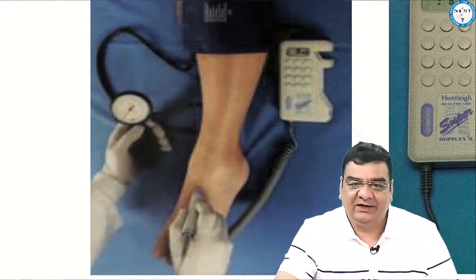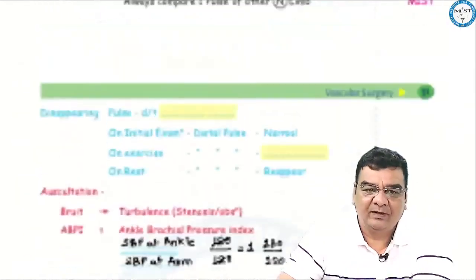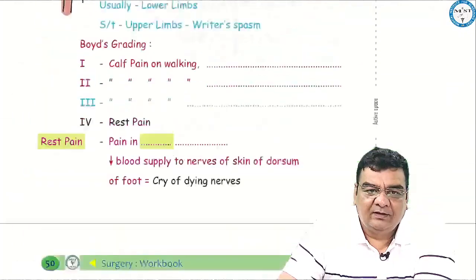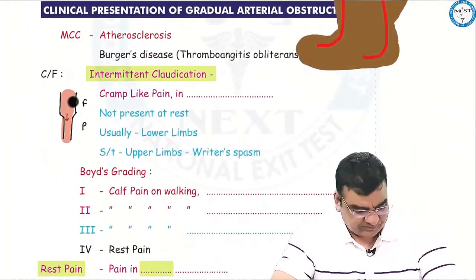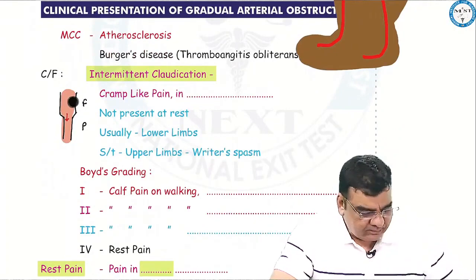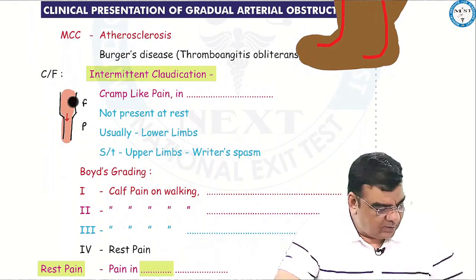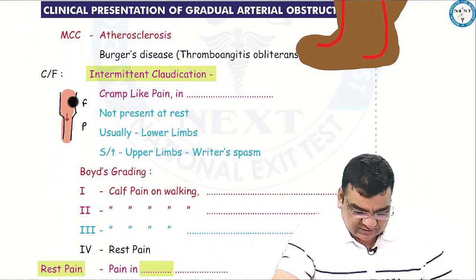So now let us see what all is written in this workbook here. Gradual arterial obstruction. Most common cause is atherosclerosis.